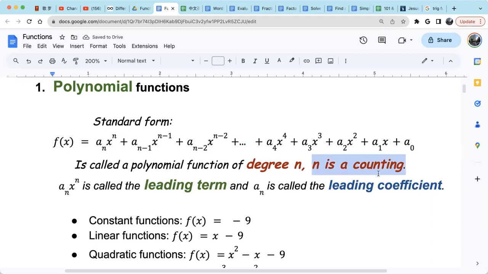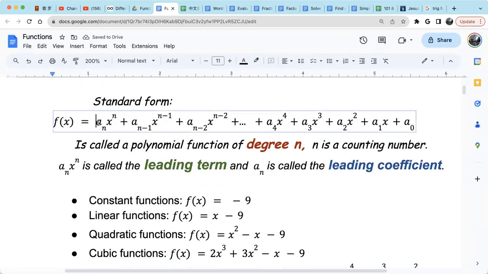So this term is important for the leading term. And the coefficient of x to the n is important, called the leading coefficient.